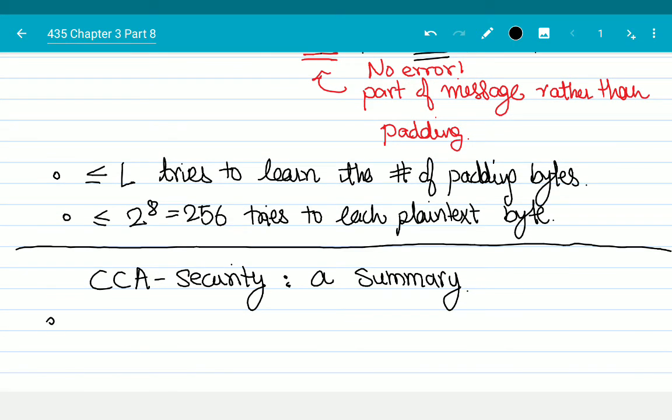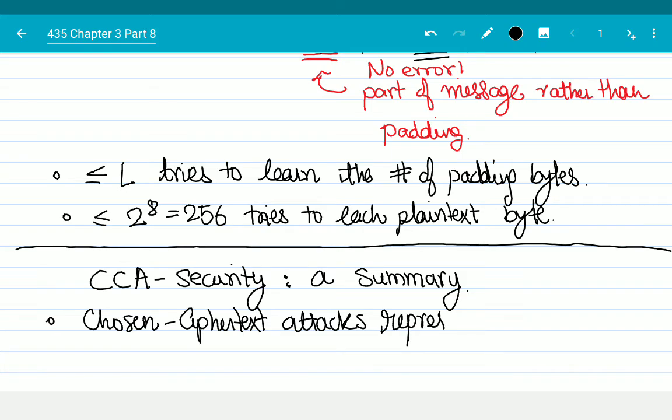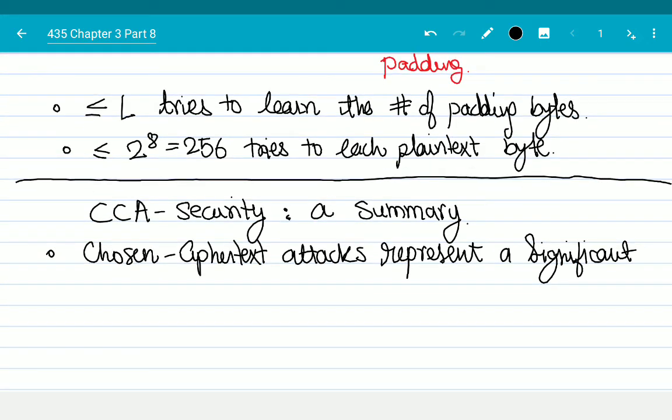We saw that chosen ciphertext attacks represent a significant real world threat.